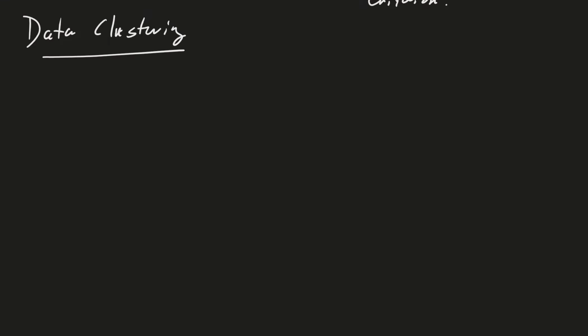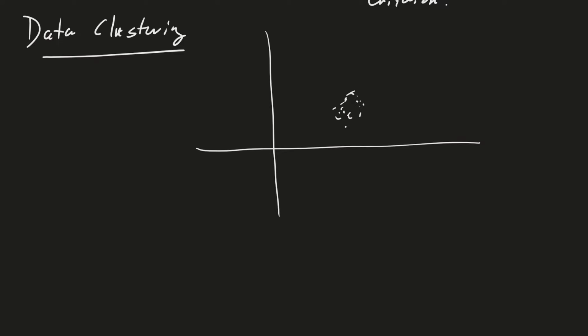Data clustering. So, what is data clustering? Well, in general, you're just given a bunch of data. Here's some data, and the problem is we want to determine if there are any groups in the data, kind of natural groupings of points.